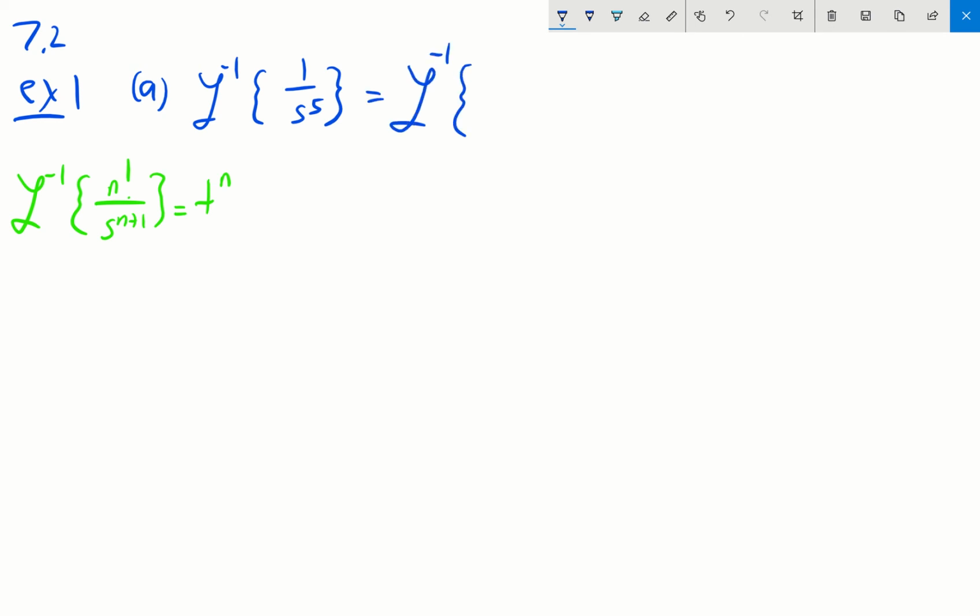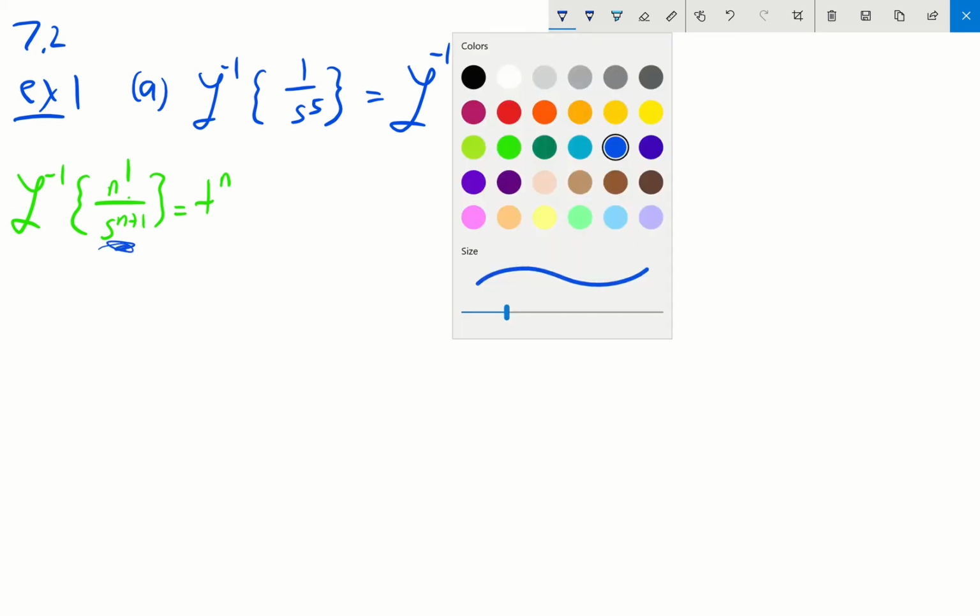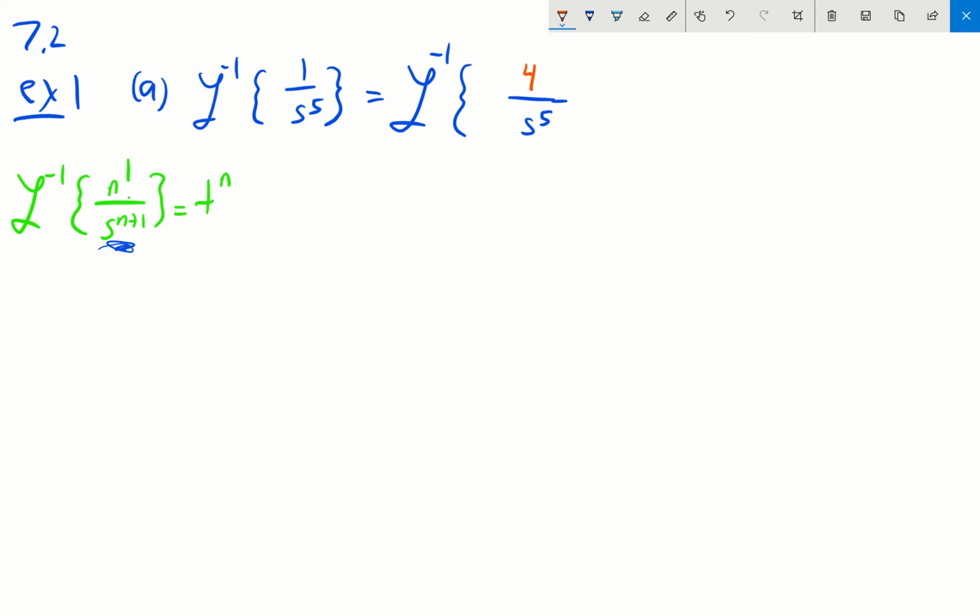But we have s to the 5th in the denominator. If we want to perfectly fit this pattern, then we would need to have a 4 factorial in the numerator. We can put a 4 factorial in the numerator if we also put a 4 factorial in the denominator. So it's like multiplying by a form of 1.